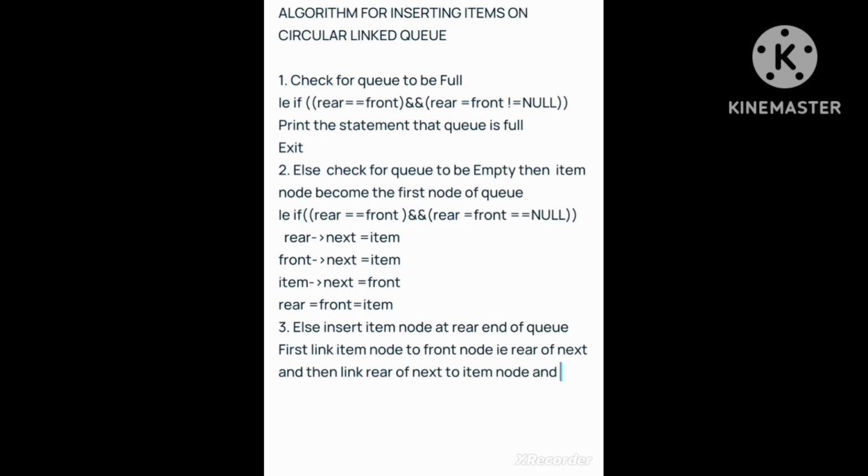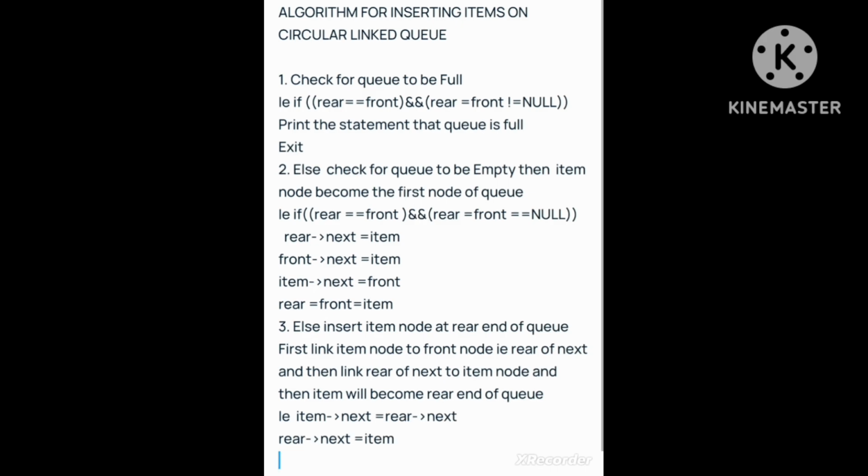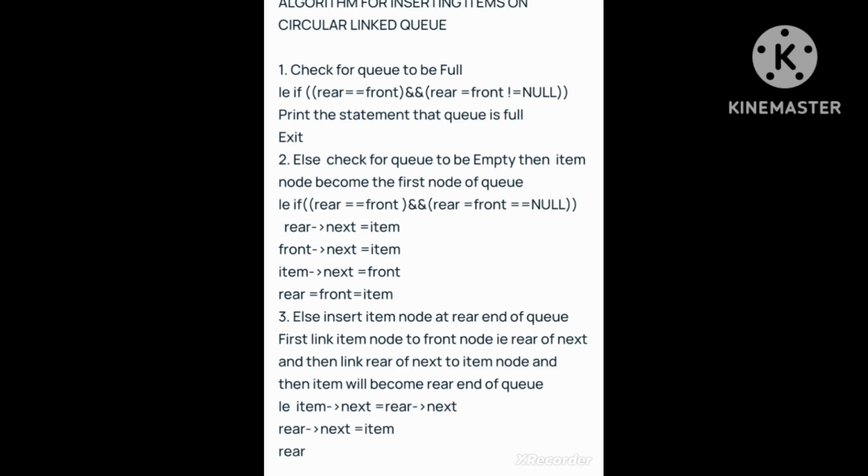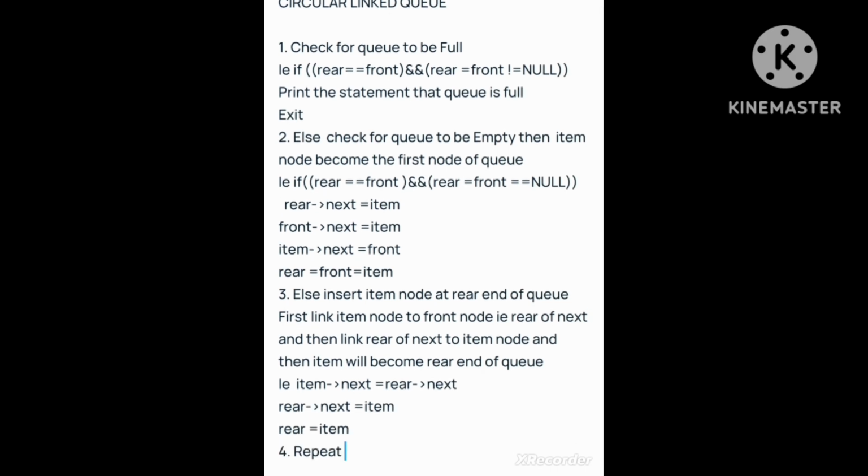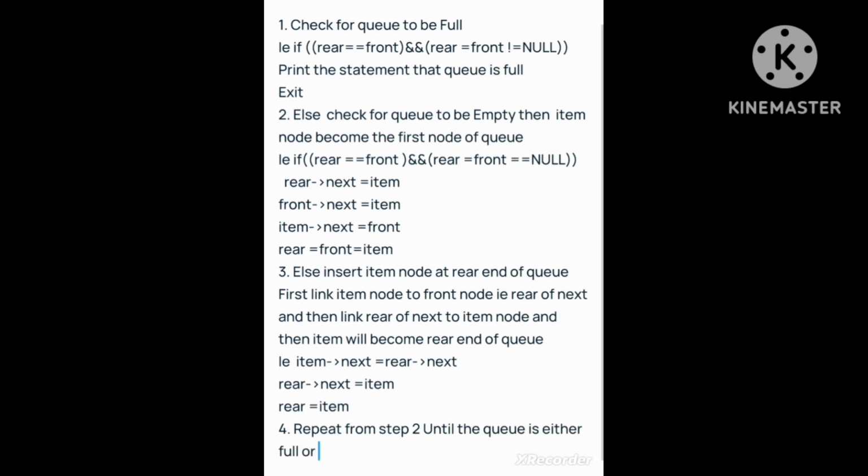So for linking the item node, we have to first link it to the front node in order to maintain the circular queue, and then we will insert the rear of next to the item node and our item node will become the rear. So in this way we will repeat the step 2 until our queue is either full or some terminating condition is satisfied.